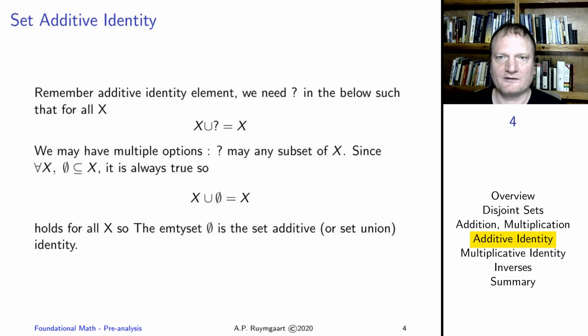And it turns out that the empty set fits the bill here. So x union empty set is going to equal x, no matter what x is. We can do a union with a set that has 0 elements in it, and we get the same set back. So the empty set is the additive identity element under the union operation or set addition.